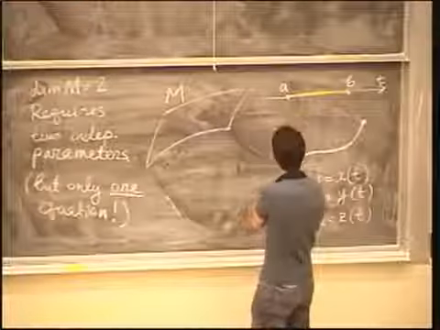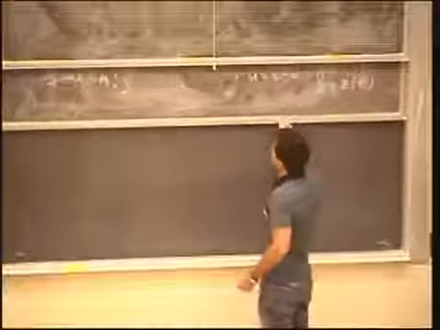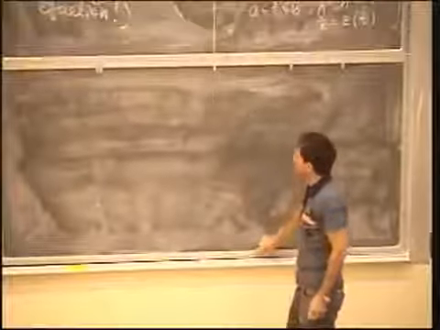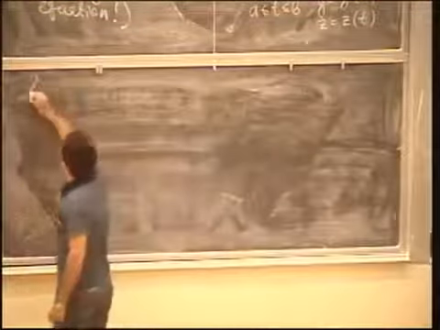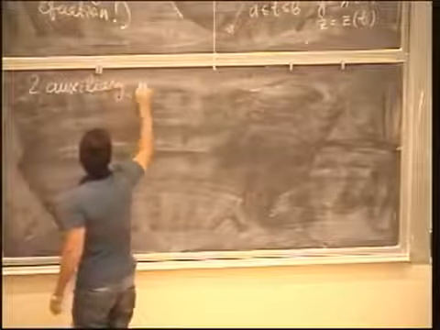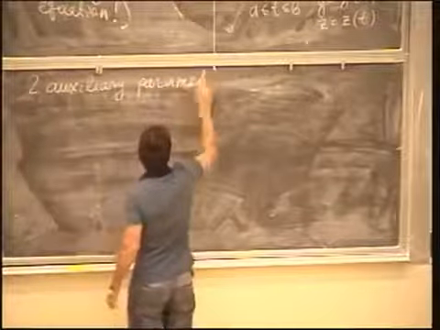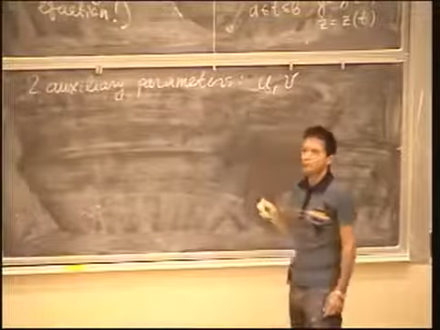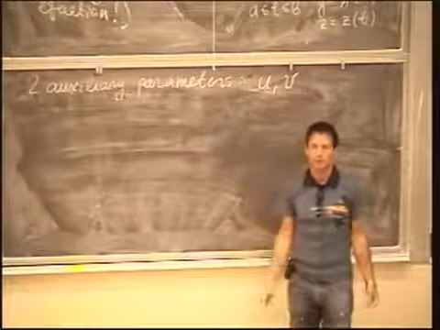Well, in exactly the same way as in the case of curves, we will choose two auxiliary parameters, which oftentimes we'll call U and V. But again, it's just a choice of notation.